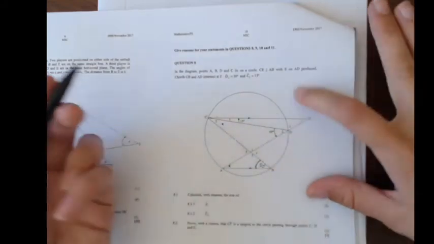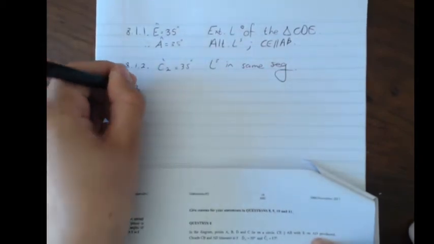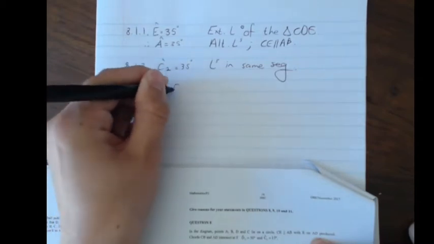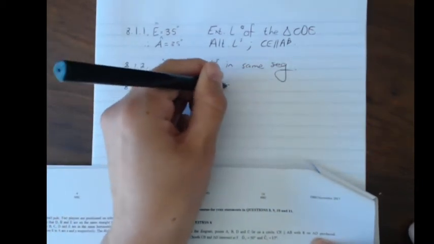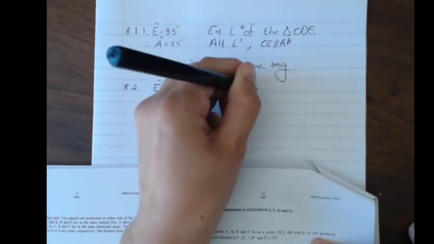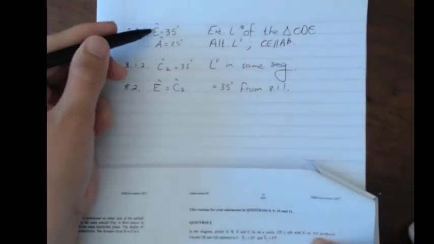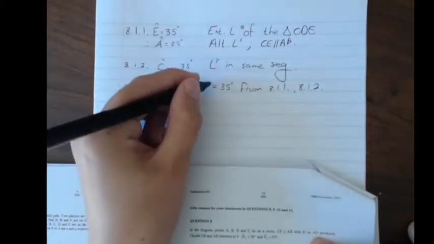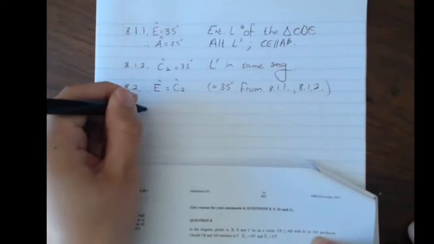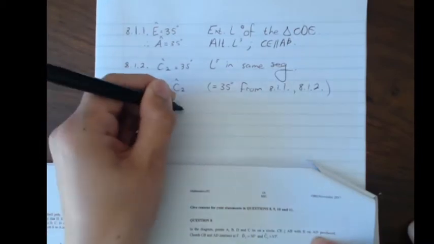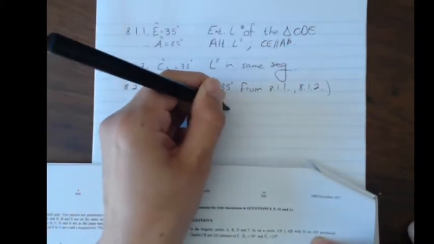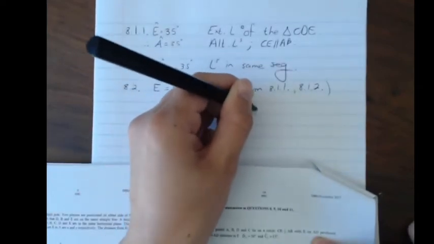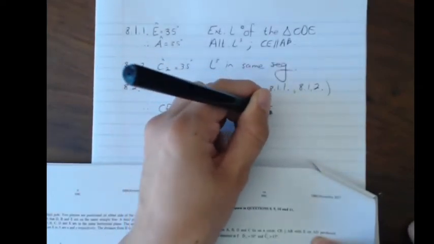So angle E must be equal to C2, which, well, yes, it is. So that's not really difficult. They are both 35 from 8.1.1 and 8.1.2. I already showed that there. So they are both 35. Then I can say that CF is a tangent to the circle through C, D and E.